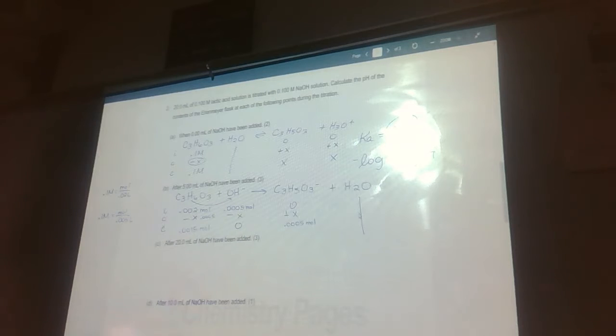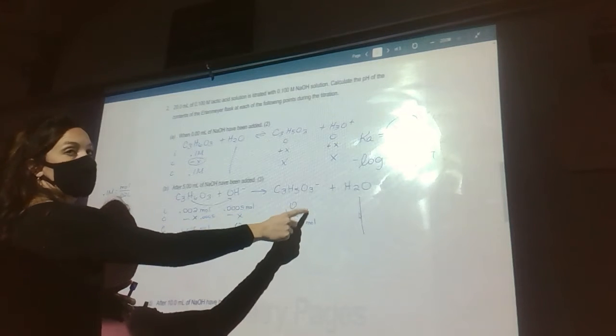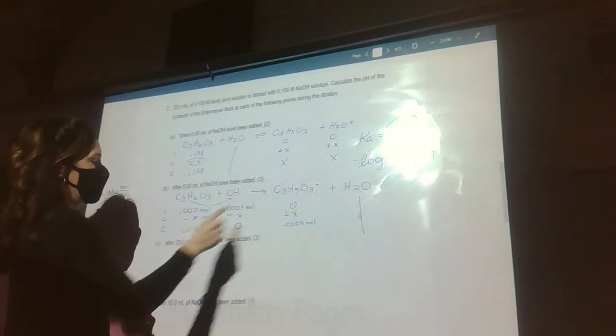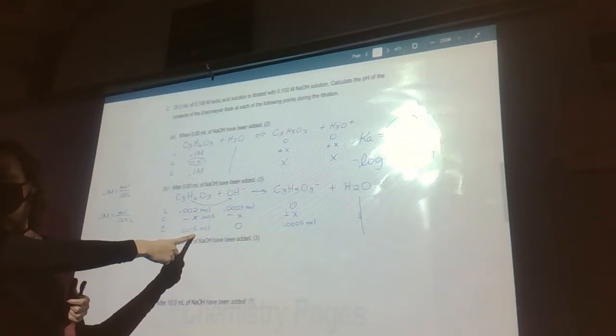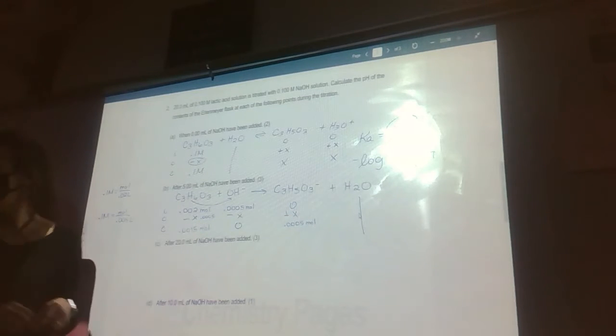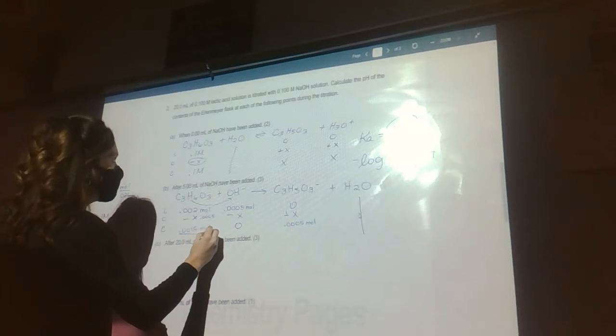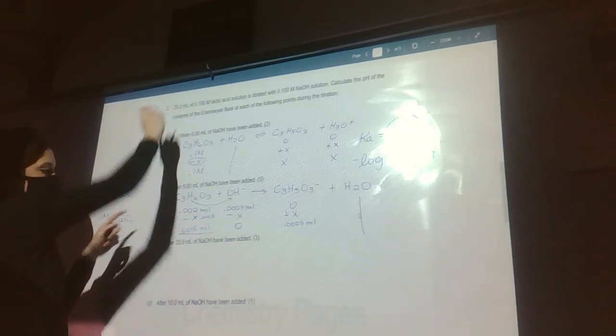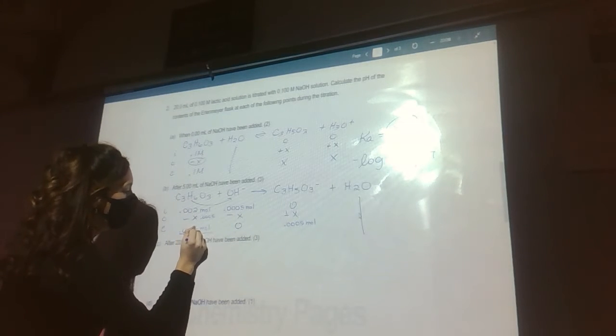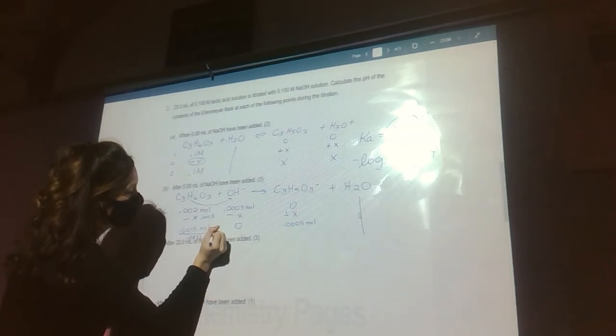At this point in the titration, before the equivalence point, I've produced a buffer, right? I have conjugate base or salt and acid. So to find the pH of a buffer, I just need to know the concentration of these two things. So I'm going to divide them by the total volume at this point, which is 20 plus 5, or 0.025 liters.